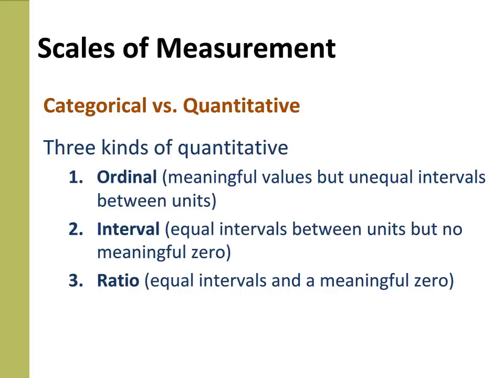Categorical variables are defined exactly how it sounds. It's categories of a variable, so categories of information. Researchers, when using categorical variables, will assign numbers to categories, but the numbers that they are assigning are completely arbitrary.